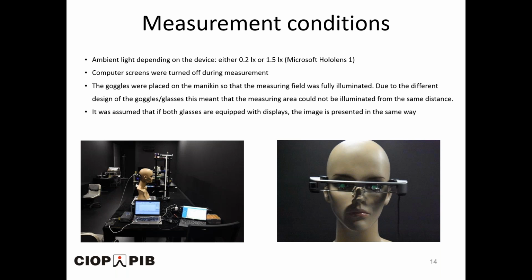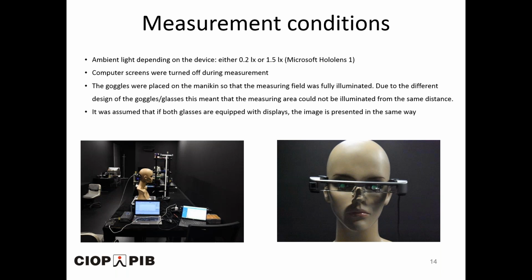As I said, it was assumed that if there are two displays in glasses, we measure only one because we assume that both displays display in the very same way. Also, we always checked if the measuring field was fully illuminated by the glasses.